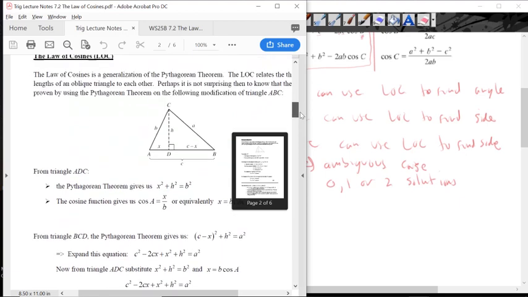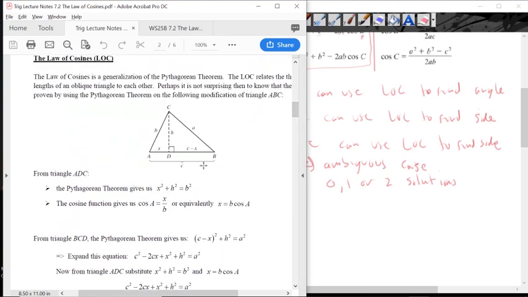The proof for the law of cosines I give to you here in the typed lecture notes. If you'd like to go through the proof, it starts out pretty similar to the law of sines, which is that you take an arbitrary triangle where the angles are not necessarily 90 degrees. There could be an obtuse angle in there, and either 2 or 3 acute angles, and we may not know.